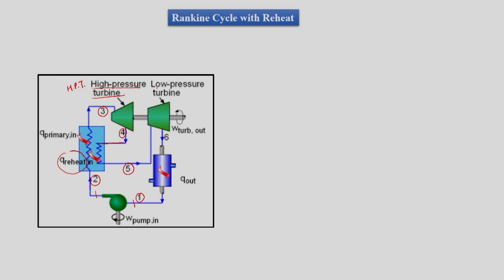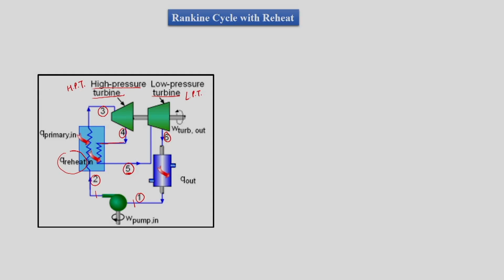Then this steam is supplied to the low pressure turbine. The low pressure turbine has intake at 5, and then it will expand till state 6. With single reheat, we are reheating only once, so state 6 corresponds to the condenser pressure. So we have condensation from 6 to 1.